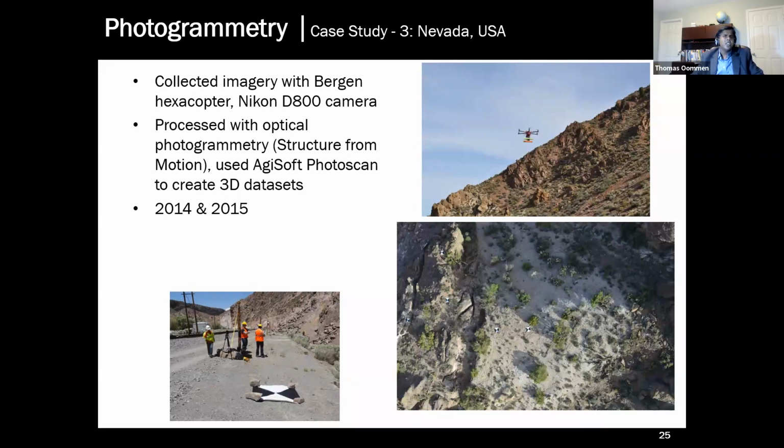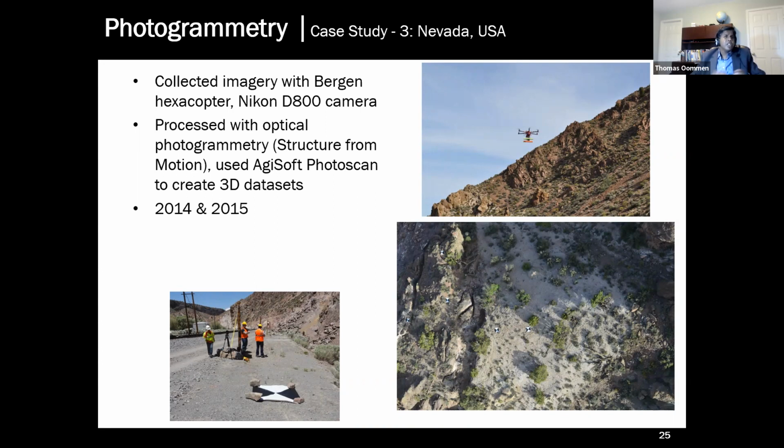It's a pricey instrument. And now, with the advancements in structure from motion, a technique that was developed by computer science people for developing virtual environments for gaming and things, this is an approach that has been taken advantage of by earth scientists and engineers to develop 3D models.